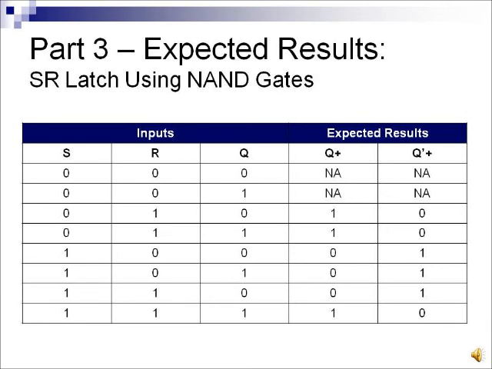Next, we performed the same exercise with an SR latch that was built using NAND instead of NOR gates. With this configuration, it is the low value, or the 0, that impacts the output state, not the high or the 1. Again, a condition where both are low is undesirable, as we can see in the first two rows.